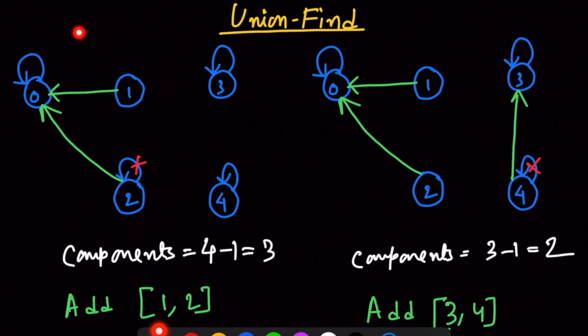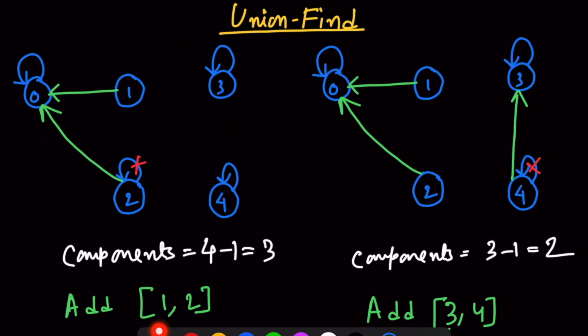For 1 the representative was 0, and for 2 the representative was 2 itself. If we just make 2 point to 1, then 1's representative is 0, but we should have only one representative for the whole component.